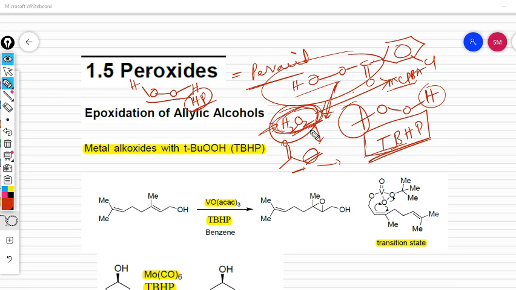One more thing: the usage of peroxides for epoxidation needs the support of metal alkoxides. Metal alkoxide support will be needed for the usage of hydroperoxides. So we generally use a combination of metal alkoxide with TBHP, tertiary butyl hydrogen peroxide.